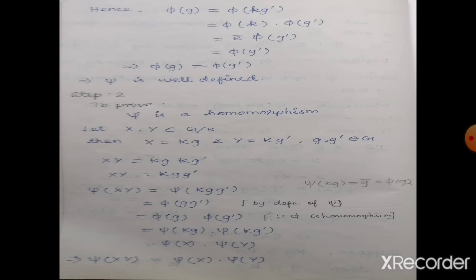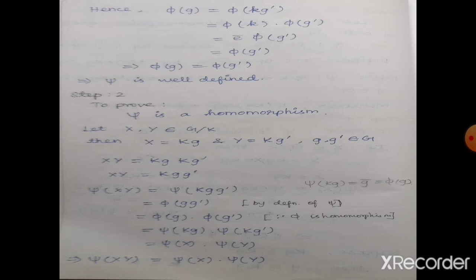Now we come to step 2, to prove psi is a homomorphism. Psi is a homomorphism means we have to show that psi of xy is equal to psi of x times psi of y. Because psi is from G by K to G bar, we take two elements x, y belonging to G by K. So x is of the form Kg and y is of the form Kg dash, where g, g dash belong to G. So what happens for xy? xy is equal to Kg times Kg dash, that is equal to K times gg dash.